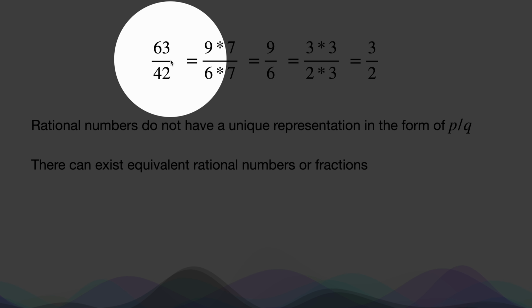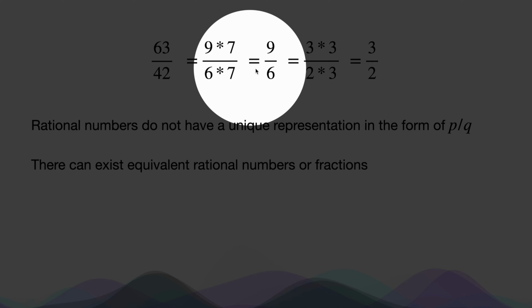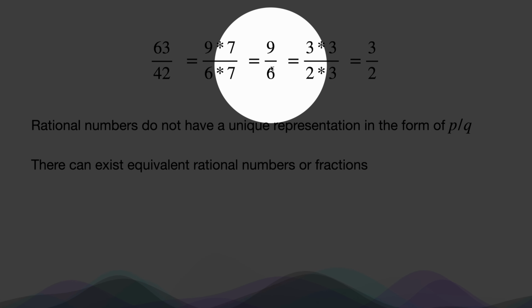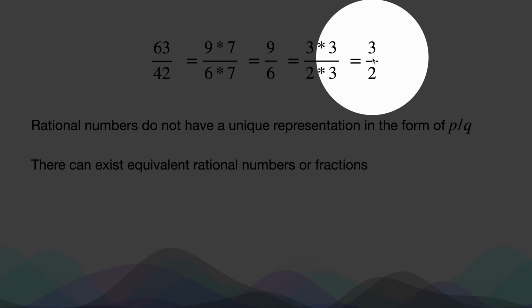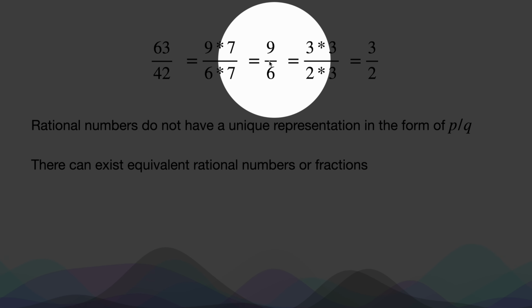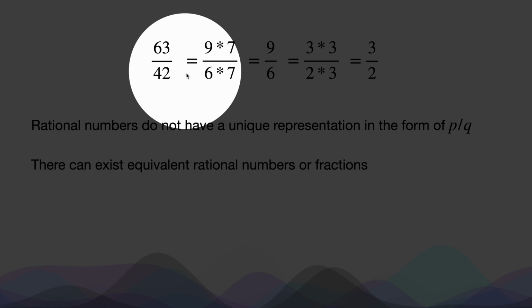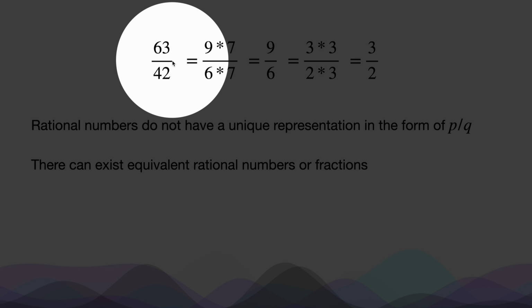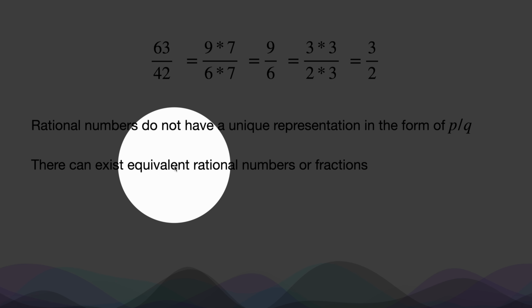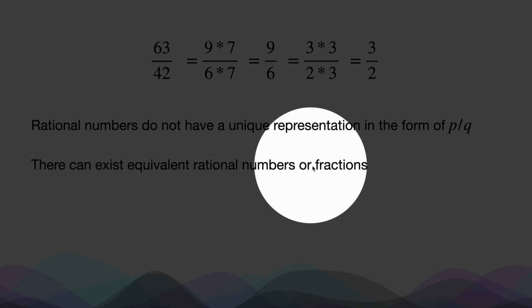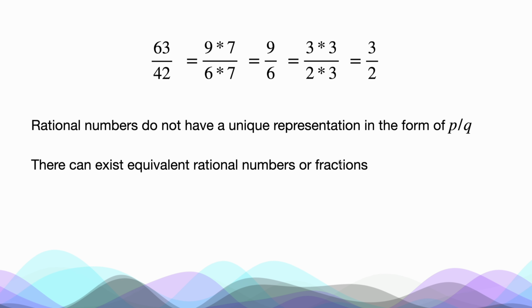Like here, 63 by 42 is the same as 9 by 6, which is the same as 3 by 2, all representing the same value on a number line. If you represent 3 by 2 or 9 by 6 or 63 by 42, all will be the same point on a number line. So there can exist equivalent rational numbers or fractions.